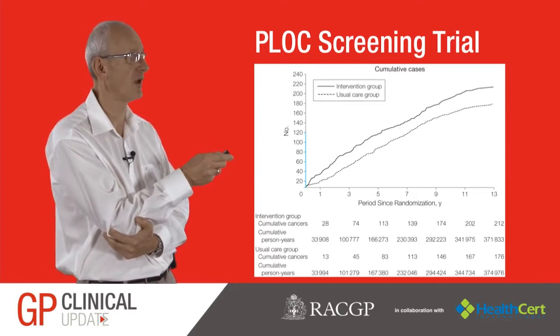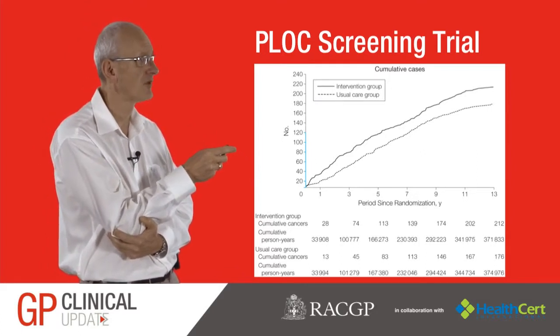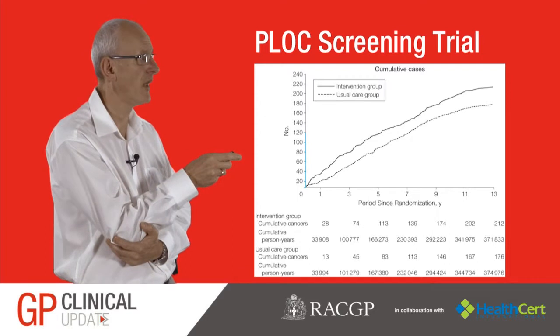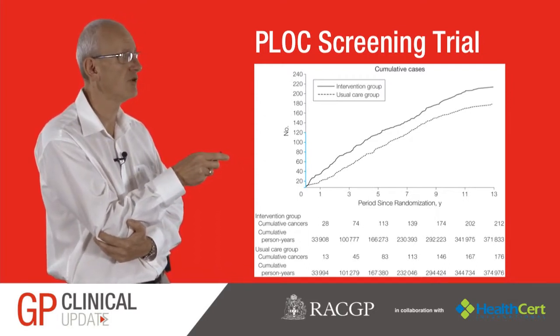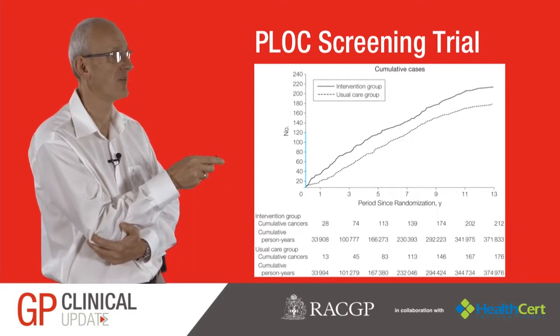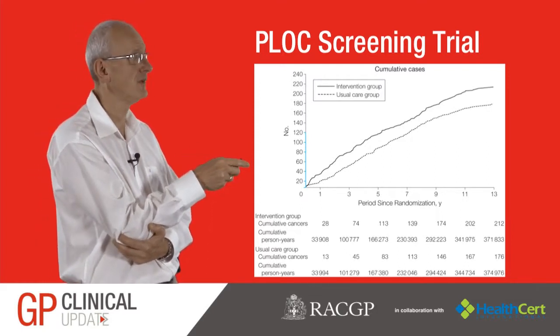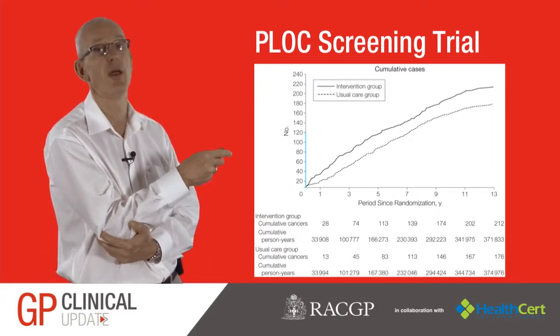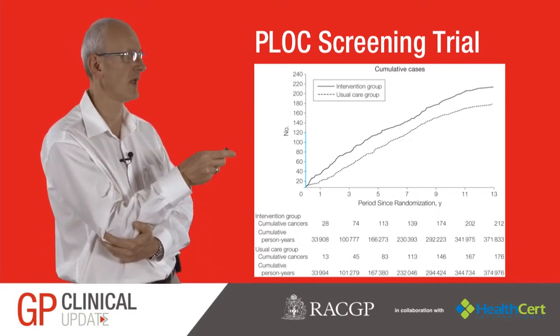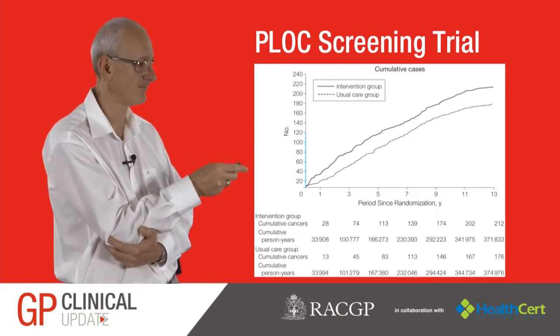Now, what did the trial show? On this slide, you can see the cumulative incidence of ovarian cancer. And as you can expect, in the screened group, in the intervention group, which is the top line, we find more ovarian cancers than in the usual care group.